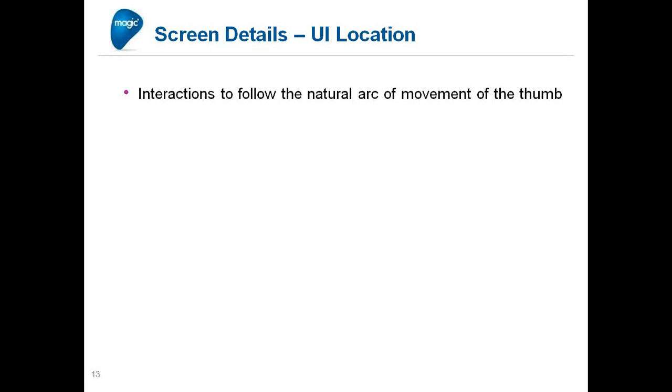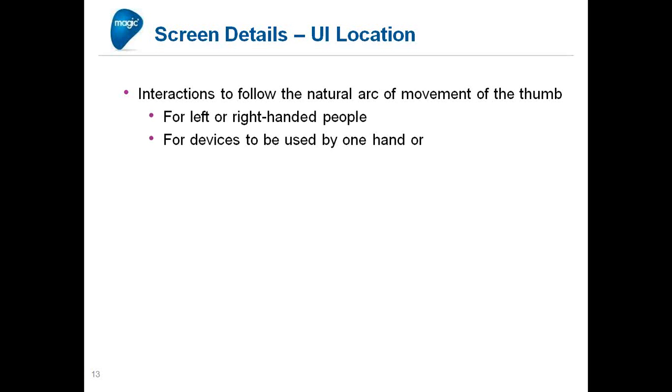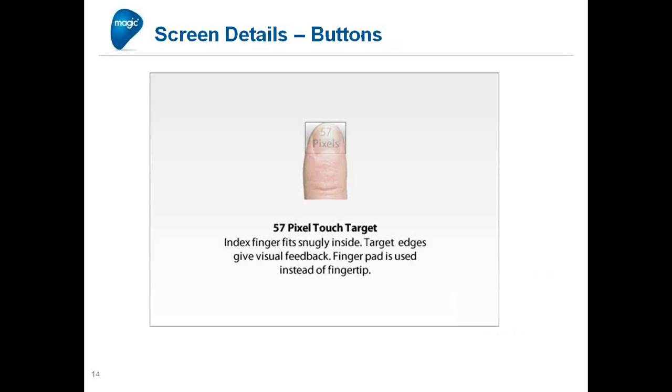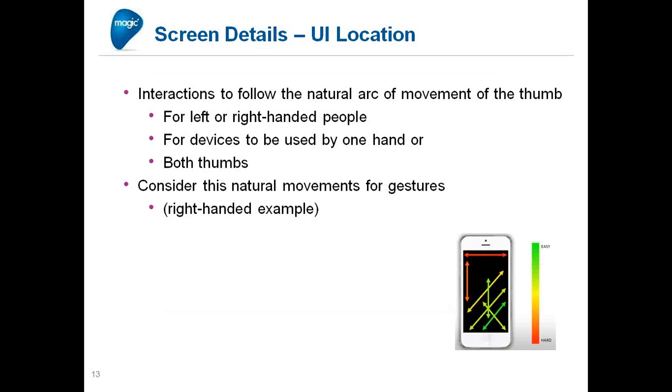And sometimes using both thumbs, for example, might make sense and you want to support that. But it's important that you consider the natural movement of a gesture, and in this case look at those arrows where things tend to be easier versus where they tend to be much harder.